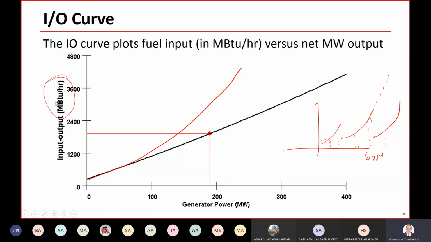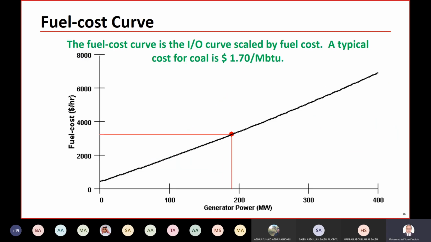So this will be scaled to 600. It is just rescaling of this fuel cost, dollar per hour versus the generator output. So for 200 megawatt, you may need about $4,000 per hour. This is the running cost or fuel cost to generate 200 megawatt. So you need that amount of dollar here.